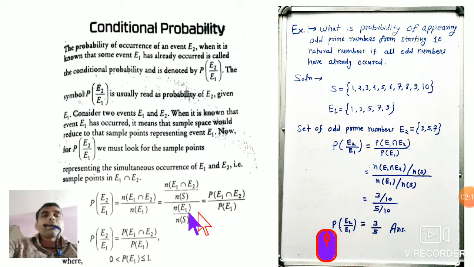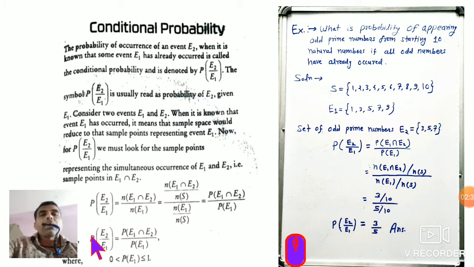This is the formula for conditional probability: the probability of E2 given that event E1 has already occurred is P(E1 ∩ E2) divided by P(E1). You have to remember this formula. And we know that probability is always less than or equal to 1. Probability is never greater than 1.